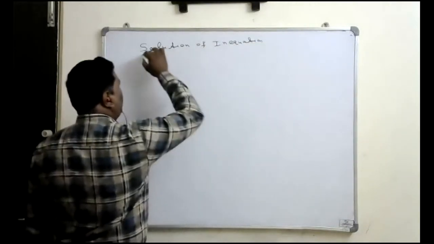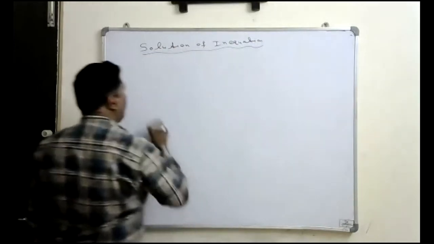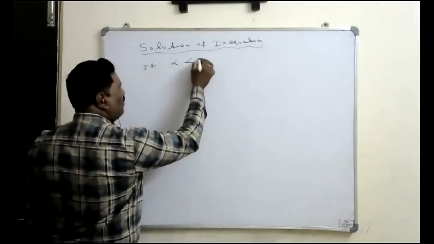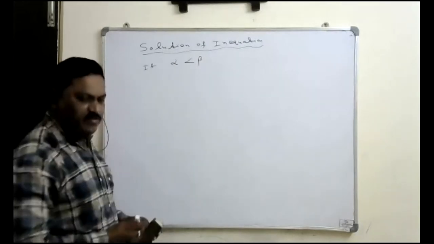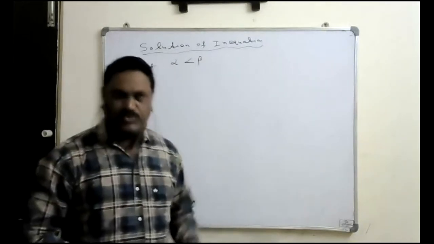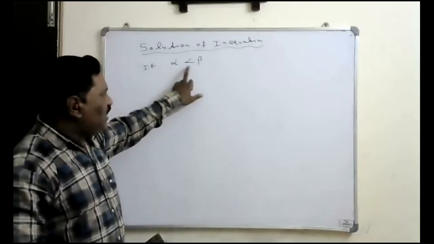So this is very, very important. Now look at this. Suppose alpha, beta are the roots of a given quadratic equation, whatever it may be, such that alpha is less than beta.